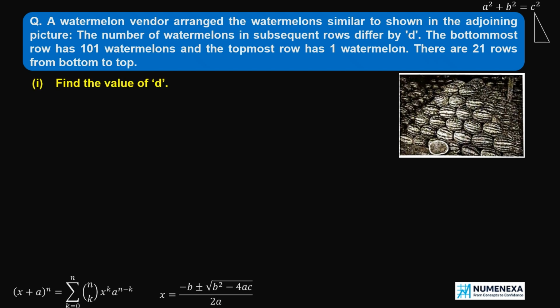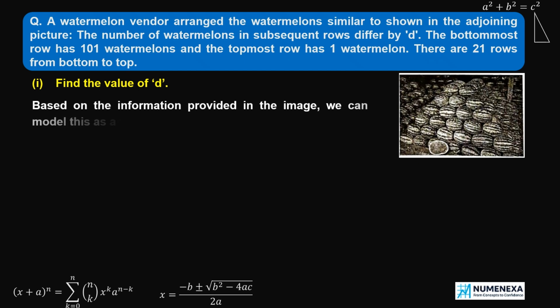Here is the first question: find the value of D itself. As we have learned, this case study is from the concept of arithmetic progression, that is AP. Based on the information provided in the image, we can model this as an AP.